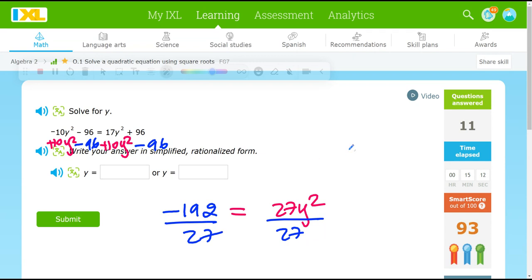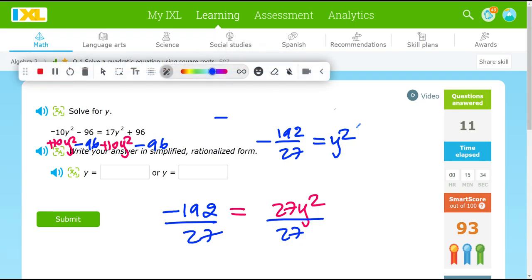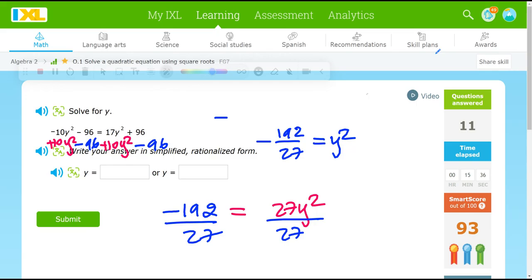Okay, so now let me write up here. Negative 192 over 27 equals y squared. Can I simplify by 3? Yes, I can. I can put it in your calculator. Let me get a calculator.